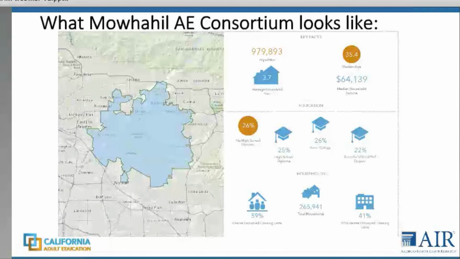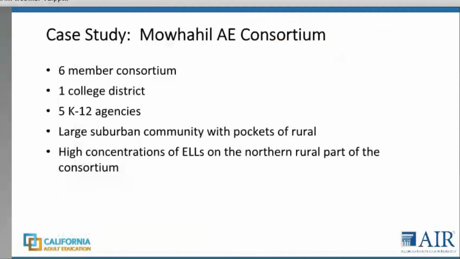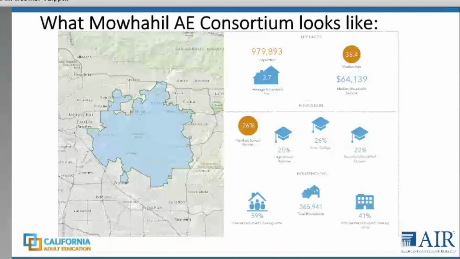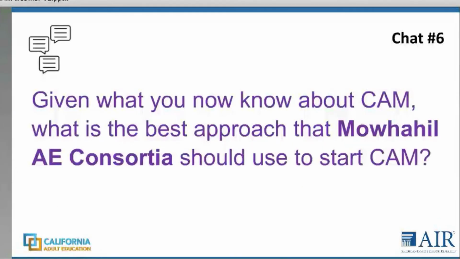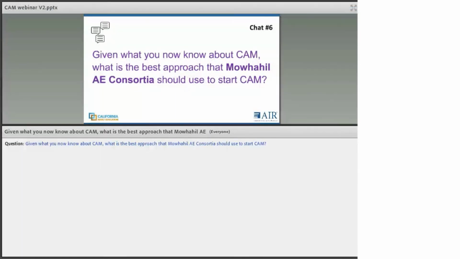So my question for you: you've seen the Mohilwa Adult Ed Consortium. You've seen some information about what it's composed of here, some demographics around it here. The question I have for you to think about, as you think about community asset mapping for your own community, is what would be the best approach, given what you've learned, that they should use to start community asset mapping?